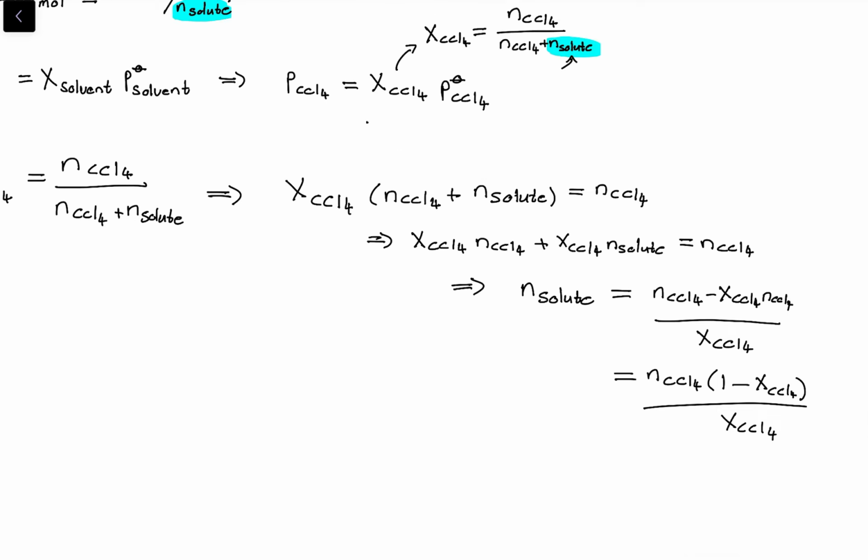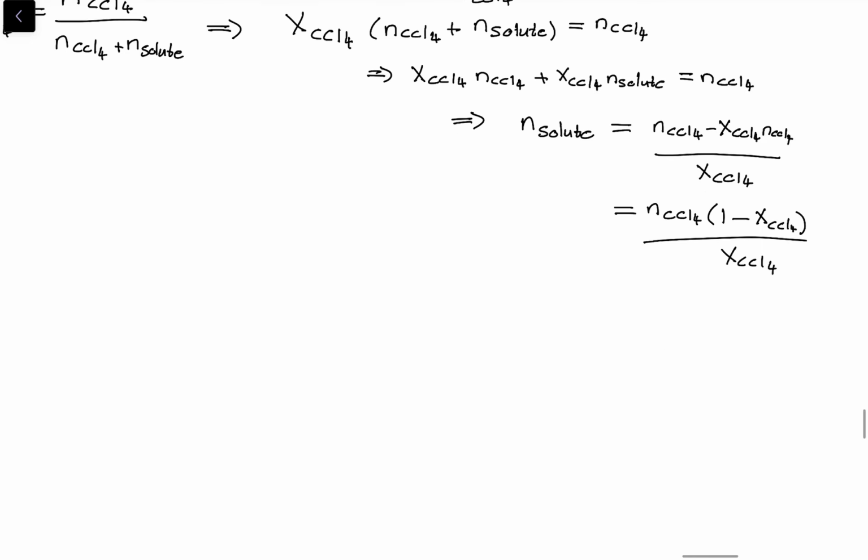We can get it here from Raoult's law. So XCCl4 is equal to PCCl4, the vapor pressure of carbon tetrachloride over the solution, divided by the vapor pressure of the pure carbon tetrachloride. So we can substitute that in.